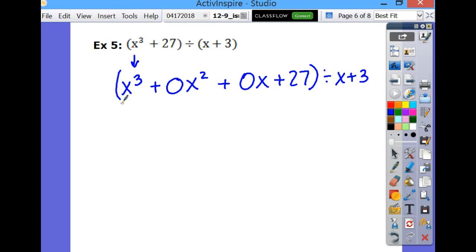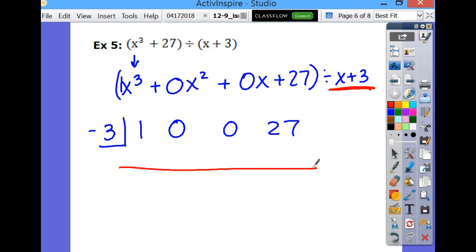If there is a term missing, I have to put in a 0 coefficient. And so this is going to be 1, 0, 0, 27. And I'm going to divide that by negative 3. Remember, this always changes sign. I'm not going to divide by positive 3. I'm going to divide by negative 3.